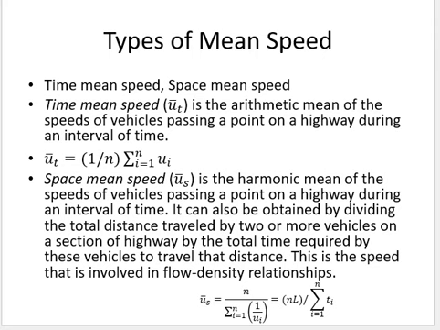Or you can have a length of the road, observe the travel time instead of the speed for this length, and use the second expression to find the space mean speed. Clear? Okay.